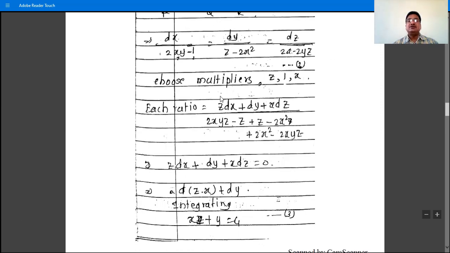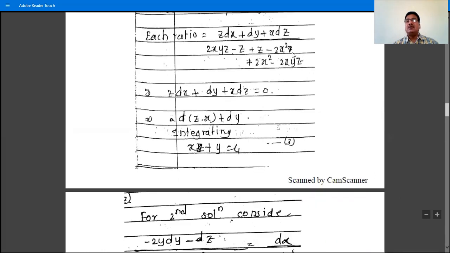So each ratio is equal to (z dx + 1 dy + x dz) divided by, multiplying by z, we have these two quantities, then multiplying by 1, so z - 2x², then multiplying by x, so 2x² - 2xyz.